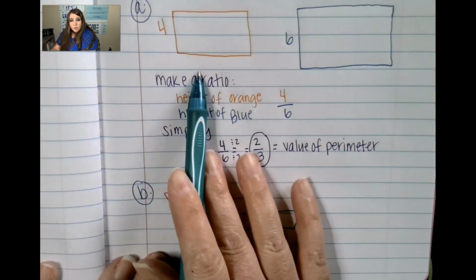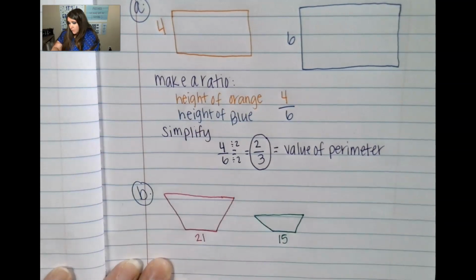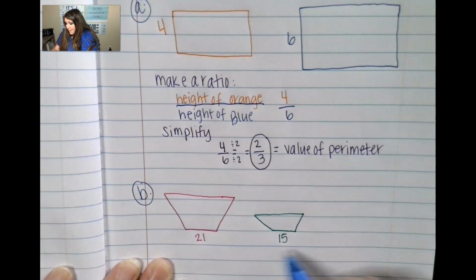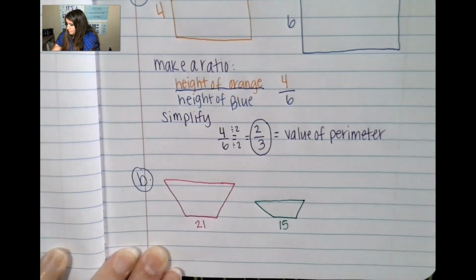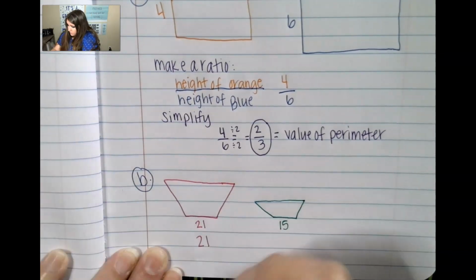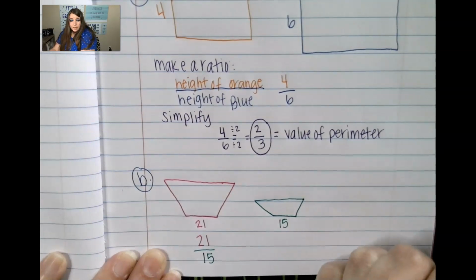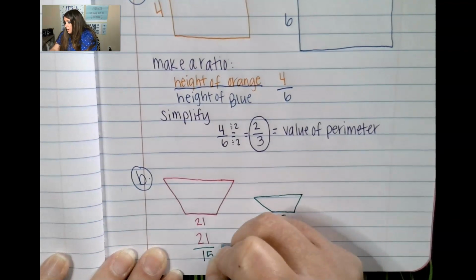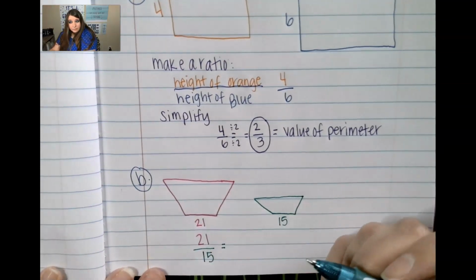Again, the first thing we want to do is make a ratio. Well, the two things that we can compare in this one are the bases. So we're going to compare the bases of 21 over 15. Okay, so we're going to compare this one to this one. And our job now is to find, what can we divide by?